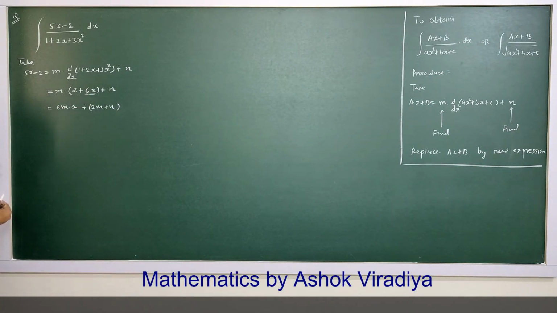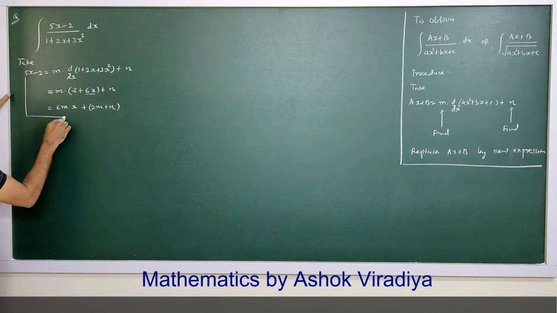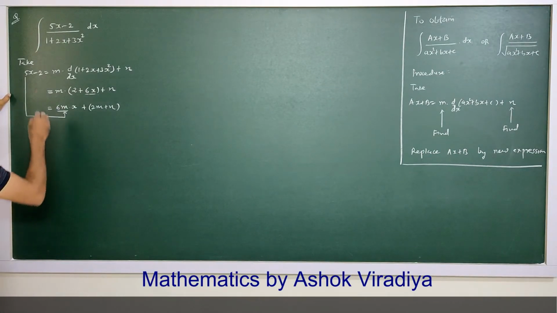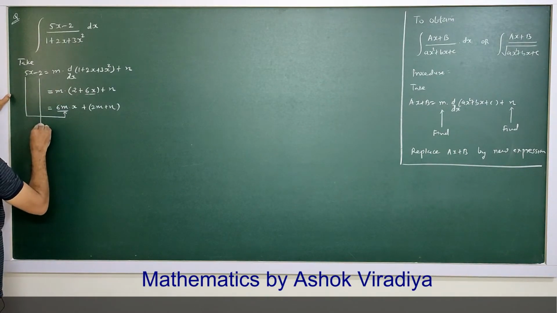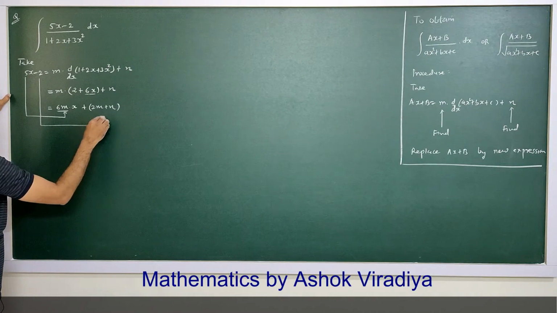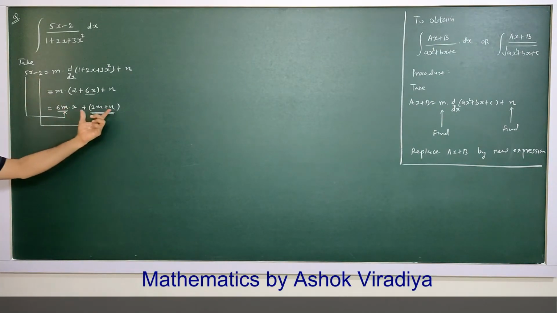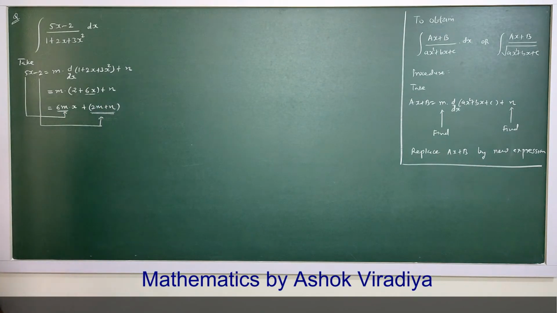So now we compare both the sides. Coefficient of x is 5, it is equal to coefficient of x, and constant equal to constant. Minus 2 will be the value of 2m plus n.